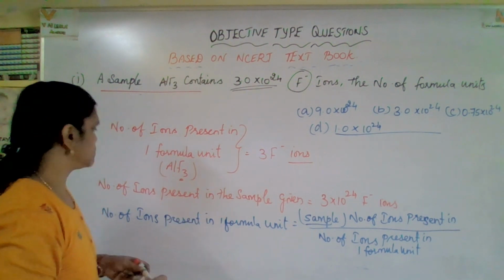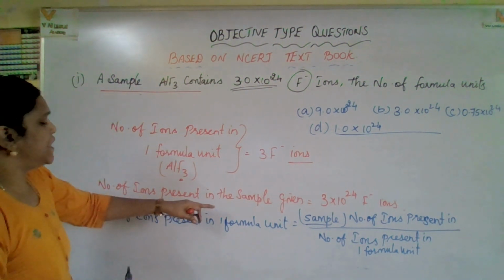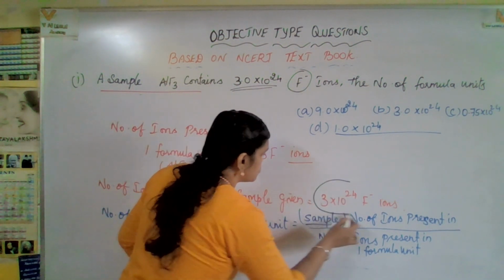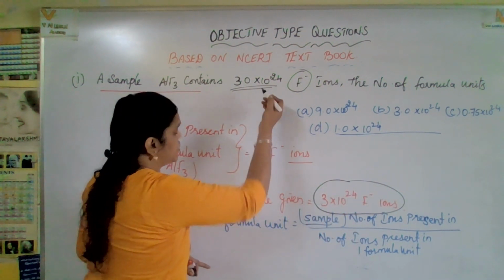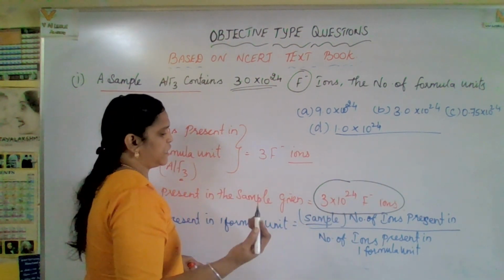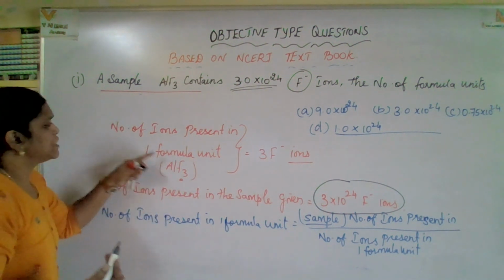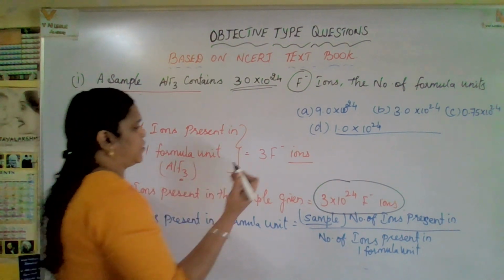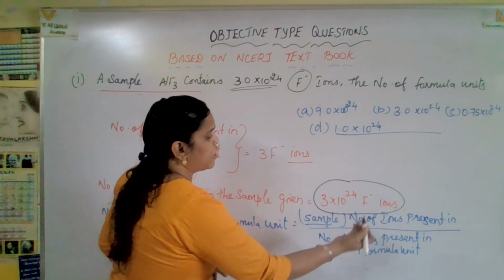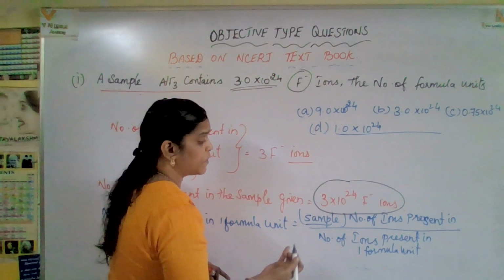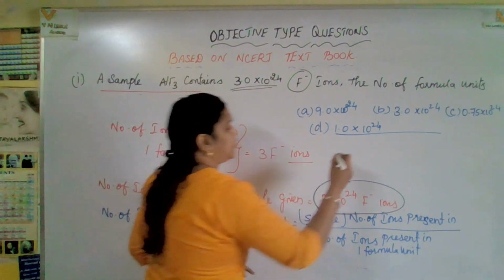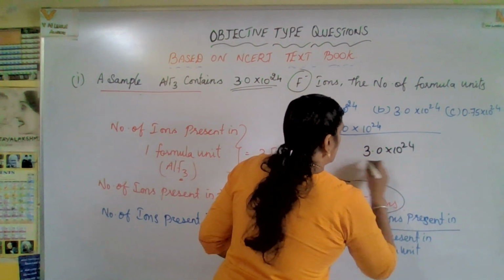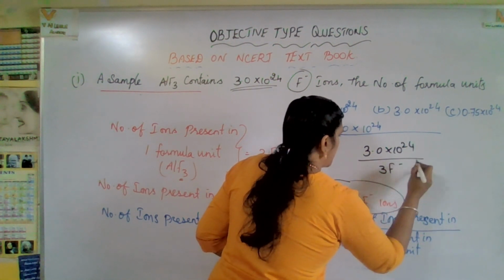Come on, can we calculate this? The number of ions present in the given sample is 3.0 × 10^24 F⁻ ions, and the number of ions present in the formula unit AlF3 is 3. So the number of ions in the sample divided by the number of ions in one formula unit: 3.0 × 10^24 divided by 3 F⁻ ions.